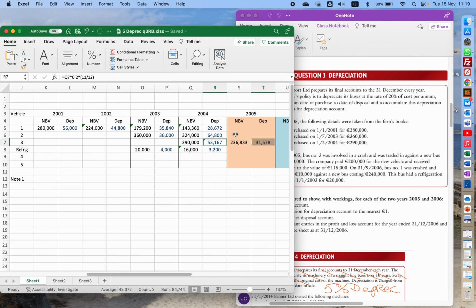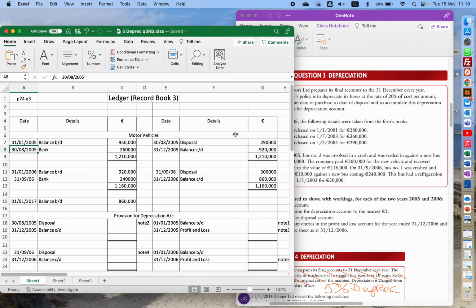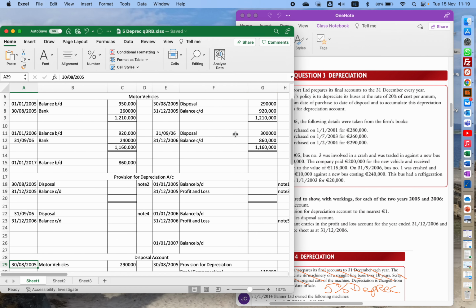Jack, just putting you on the spot. What's note number 3 meant to show me when you did your previous homework? Okay, so notes are how I'm doing my rough work, just so we see here. So this is your provision for depreciation account, and this is what I'm doing the rough work for. This is all the depreciation up to the first year.